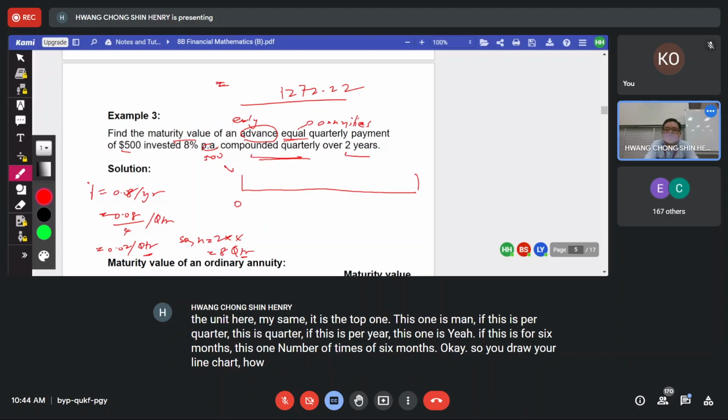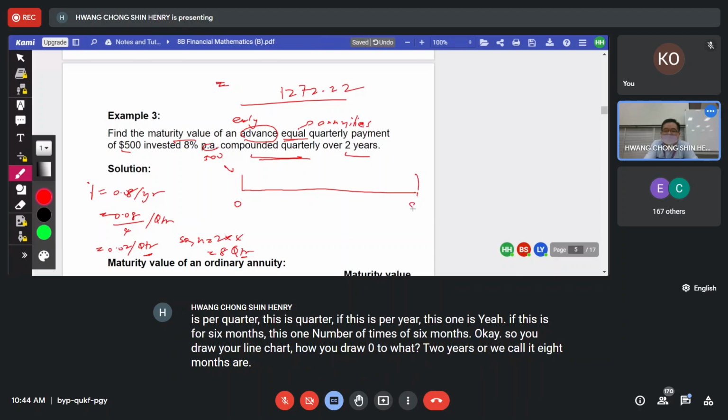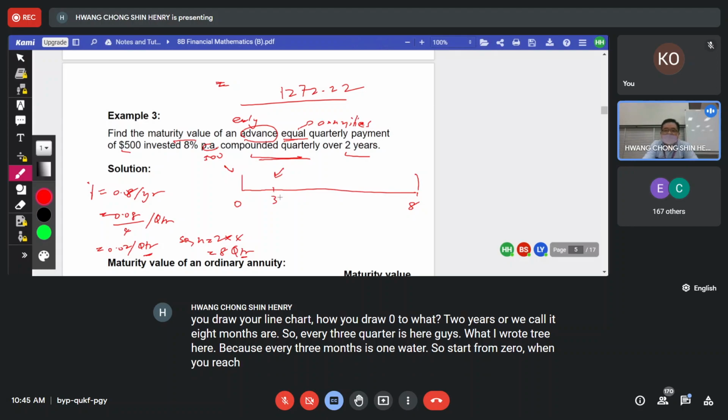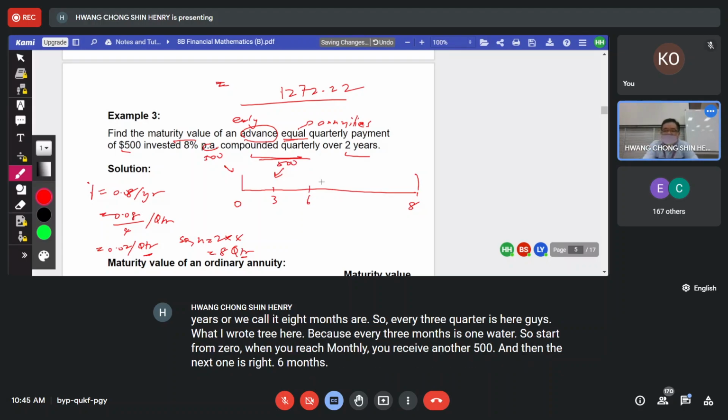How you draw? 0 to what? 2 years, or we call it 24 months. So every 3, you see, guys, why I write 3 here? Because every 3 months is 1 quarter. So start from 0. When you reach month 3, you receive another 500. And then the next one is what? 6 months. You receive another 500.